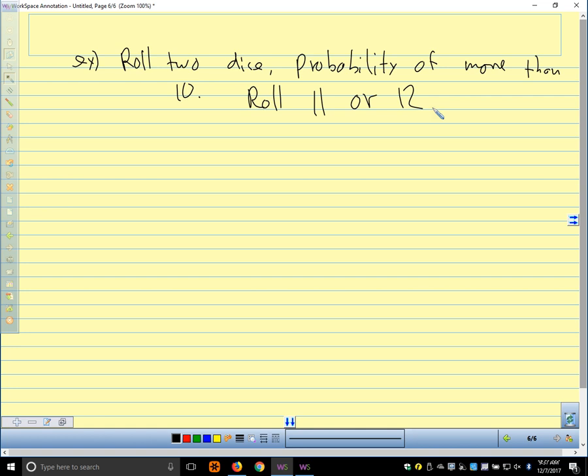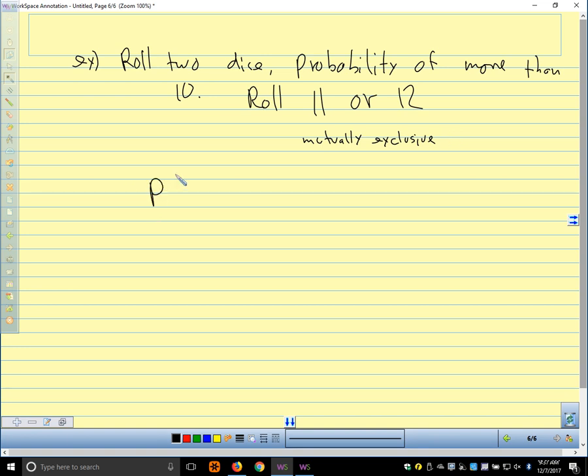So the other way that we can think of the probability of more than 10 is the probability of rolling 11 or 12. Do those 2 events overlap? Can we roll an 11 and a 12 somehow at the same time? No. So those are mutually exclusive. So we just have a nice mutually exclusive probability, 11 or 12.